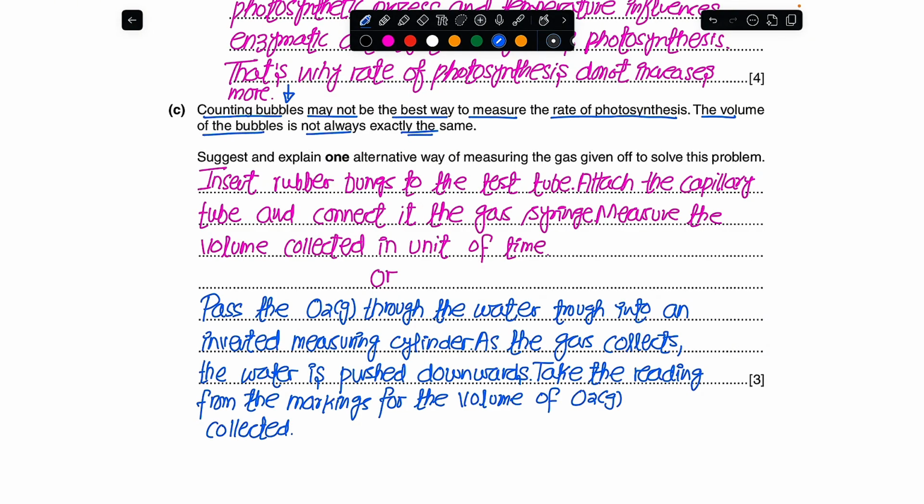The reason is that at some times the bubbles produced are larger in diameter, at other times they are smaller. So this is not an accurate or efficient way of measuring the rate of photosynthesis, and they want your suggestion and explanation, where we are required to give one other alternative way of measuring the gas given off to solve this problem.